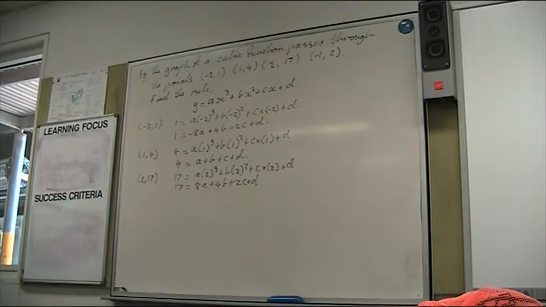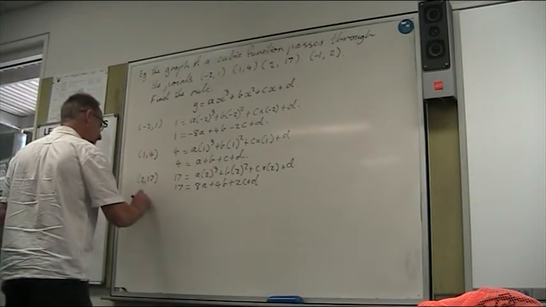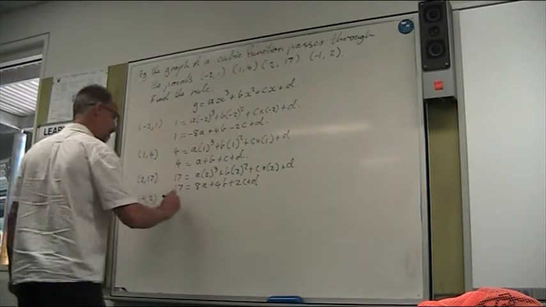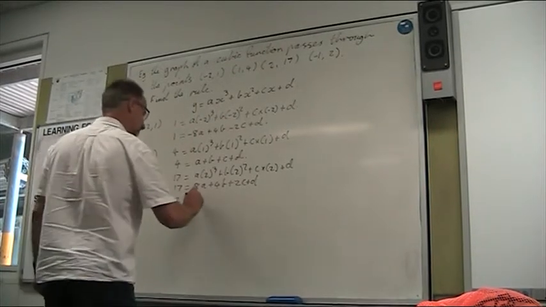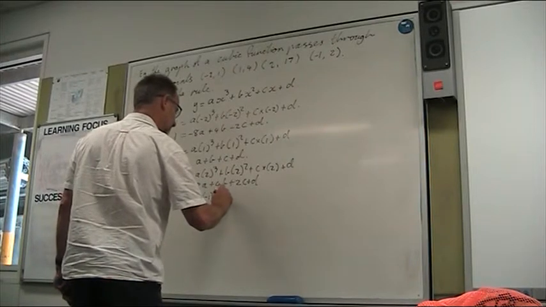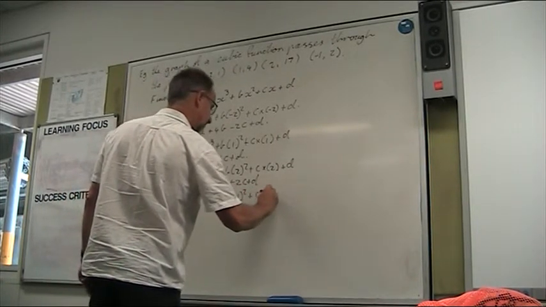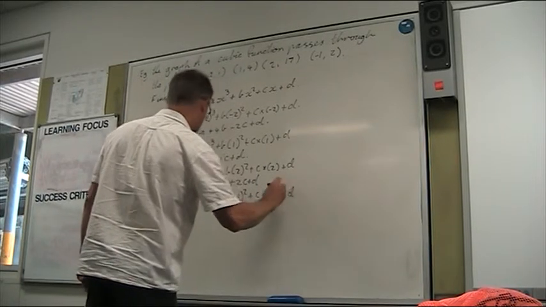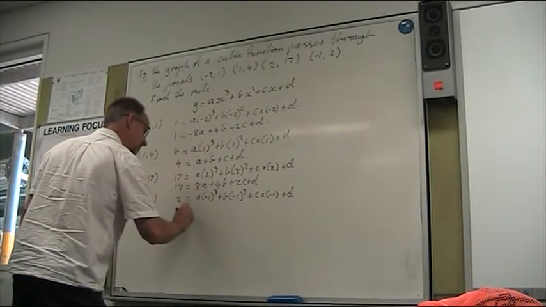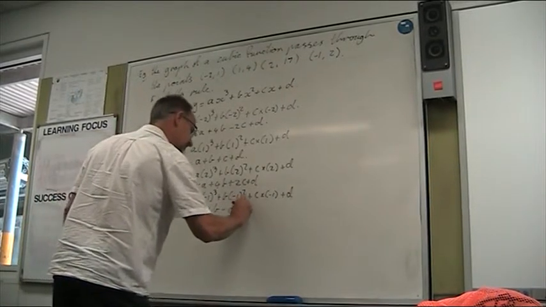And then finally on the last one, (-1, 2), which equals -a plus b minus c plus d.